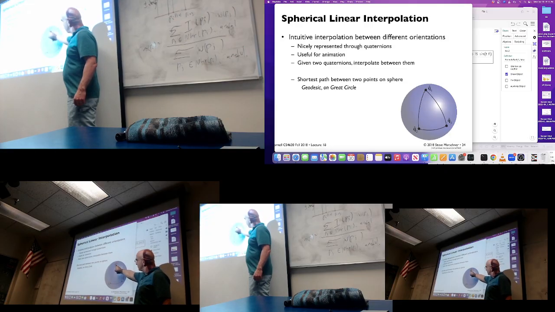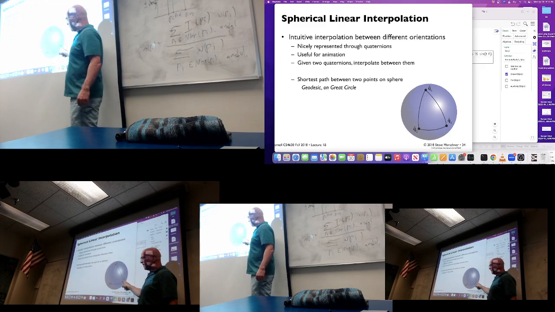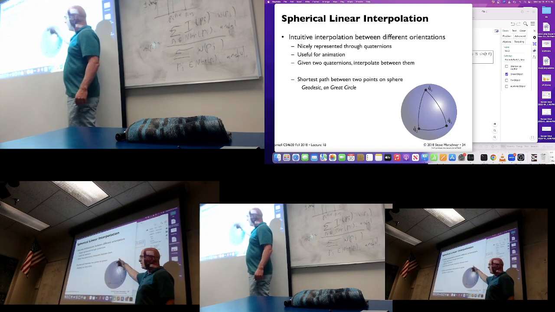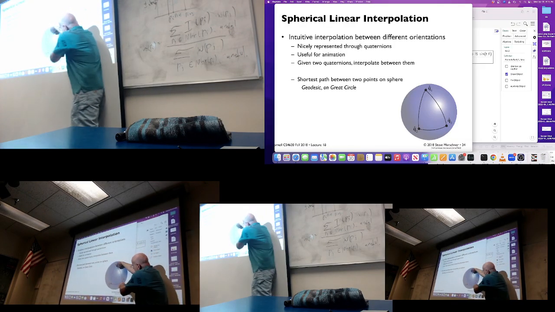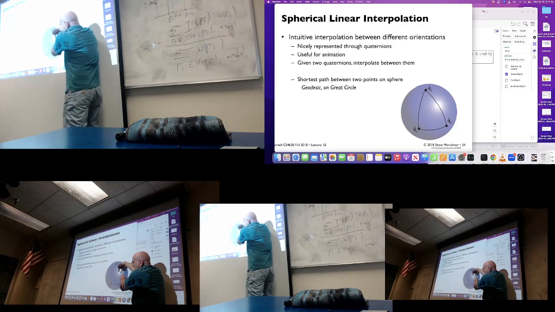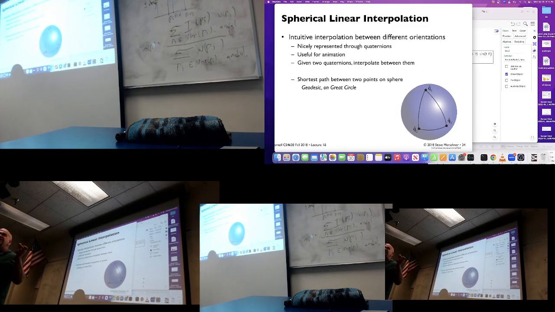That would be the direction in this unit sphere. And now I can interpolate using even what we just described before: between two points like Q1 and Q2, if Q1 and Q2 are very close to each other, then all these linear interpolations are not too bad. You can interpolate by segment and slightly correct it.